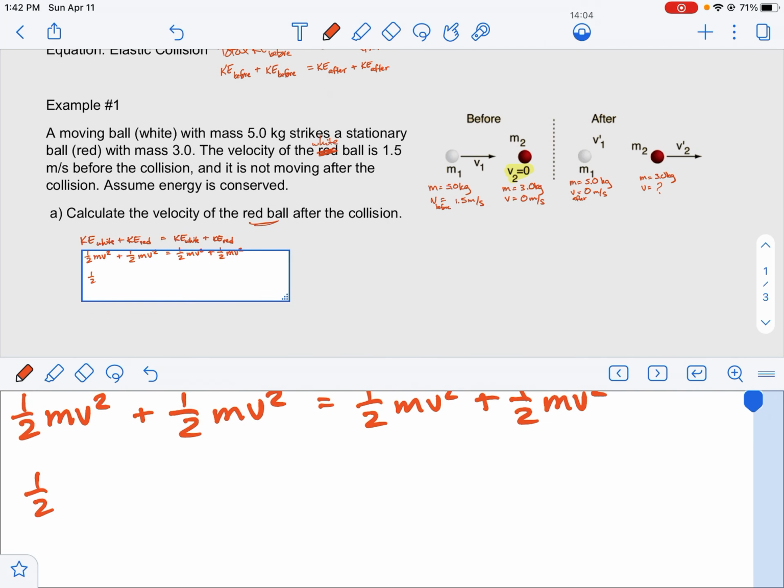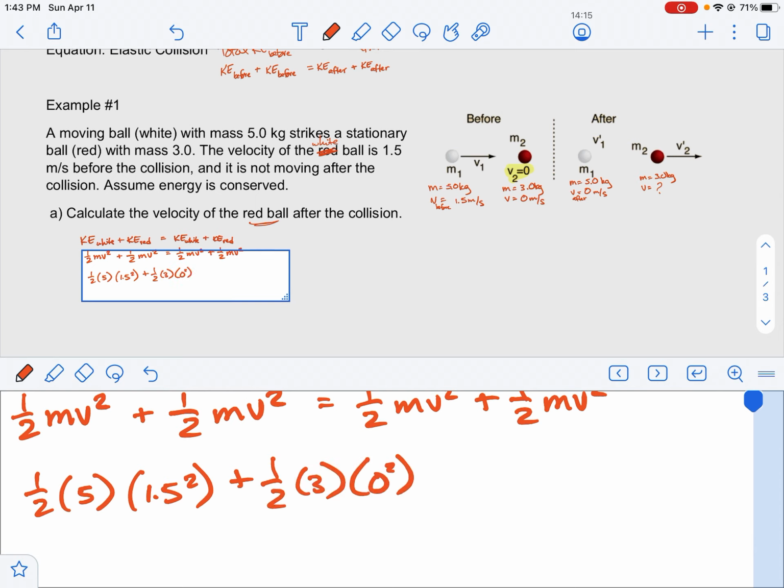So I'm going to have 1/2 times 5 times 1.5 squared plus 1/2 times 3 times 0 squared is equal to 1/2 times 5, because the mass doesn't change, times 0 squared plus 1/2 times 3, and that's what I don't know right there, the velocity of the red ball after the collision.